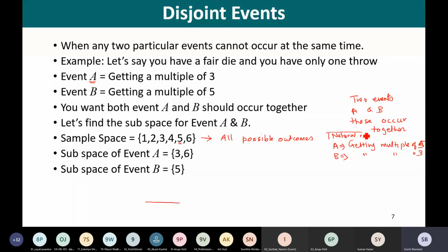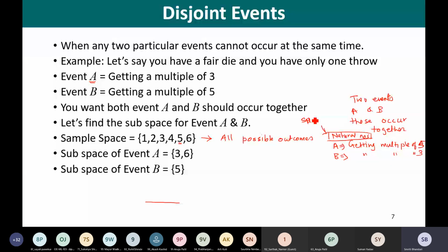If we have the entire set of natural numbers as my sample space, then we will not say that these two events are disjoint.